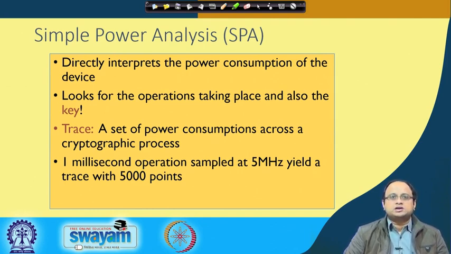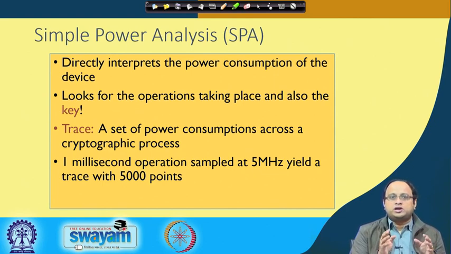A trace is nothing but a set of power consumptions across a cryptographic process. Often we have a triggering signal, which is used to indicate the initiation and termination of a specific cryptographic operation. The set of power consumptions you accumulate during the period when the actual crypto operation is being done is called a trace.